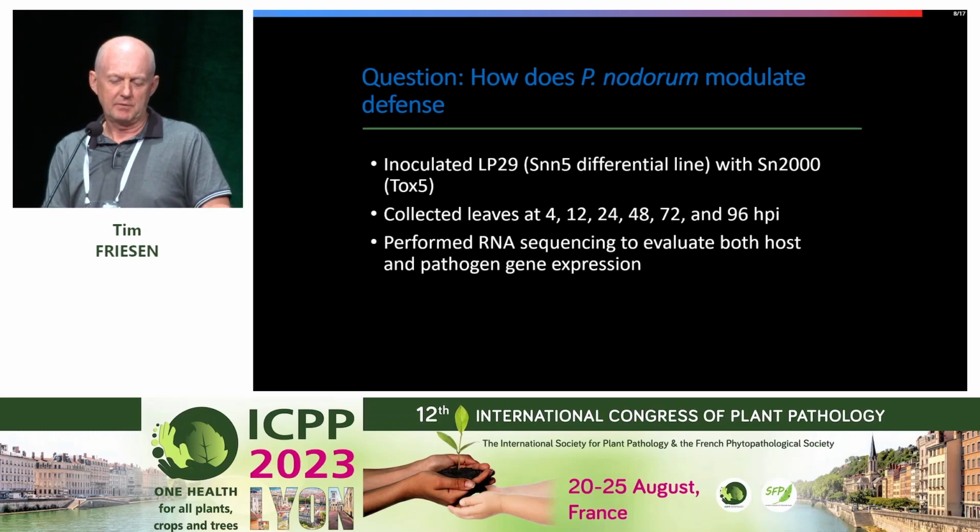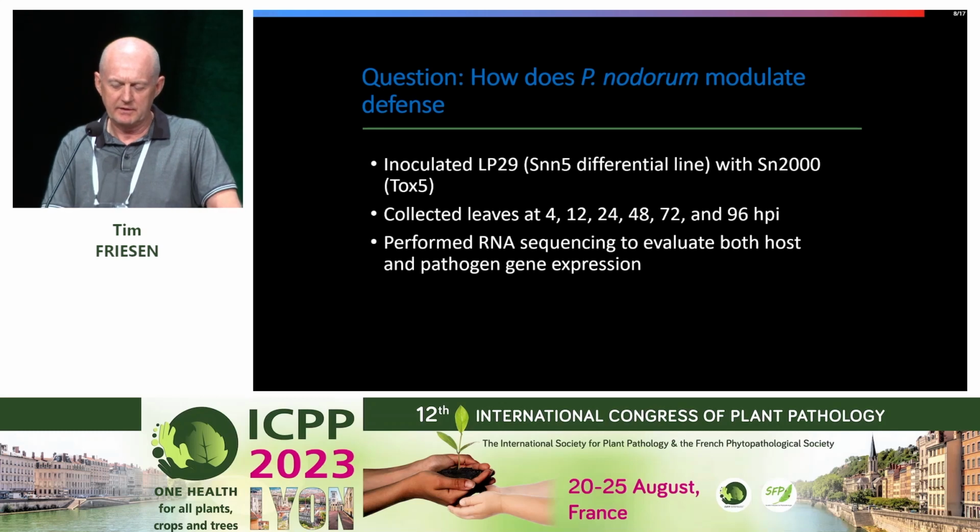So Guyan Kariwasam in our lab, a postdoc, has done a deep RNA-seq, enough where we can get enough of the pathogen. He presented on the host side yesterday, if you were at that talk, so I'll just talk about the pathogen side here today.